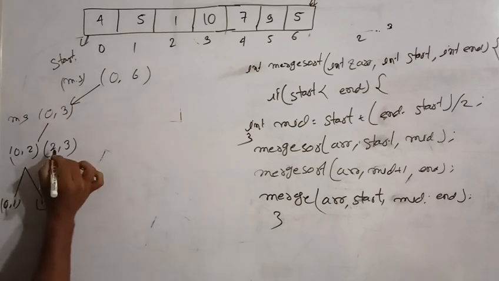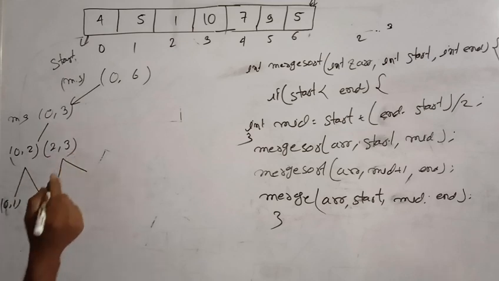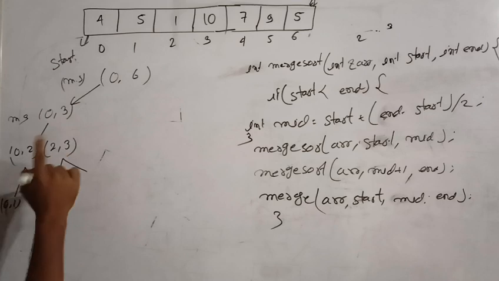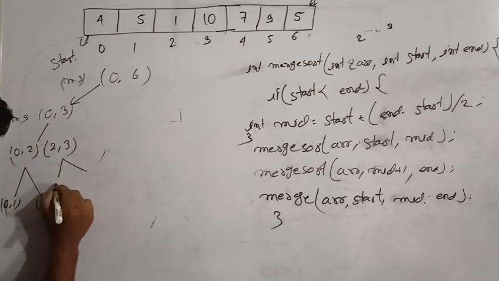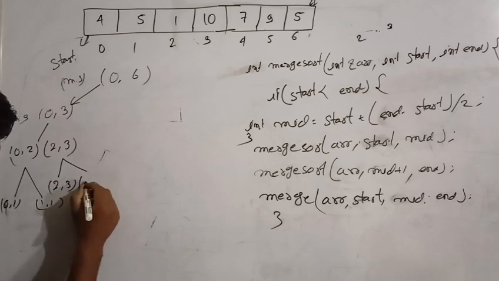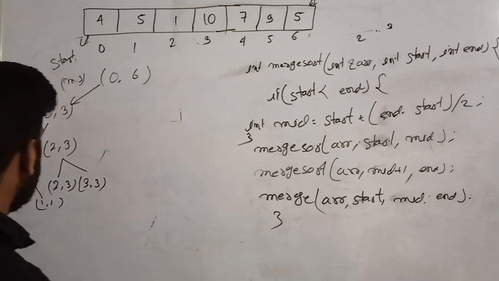Now at the time here 2 and 3, means 2 plus 3 is 5, and 5 divided by 2, then it becomes here 2 to 3 and 3. Okay, done.